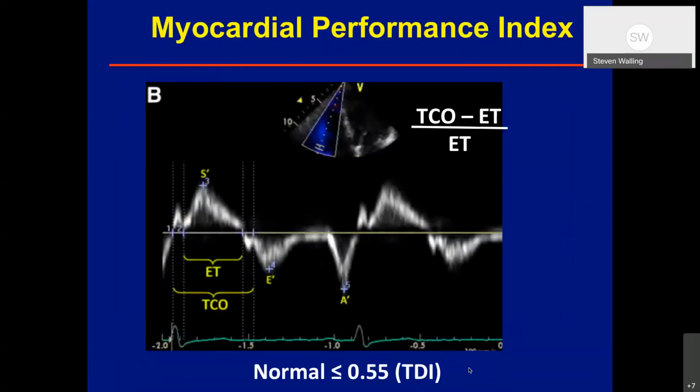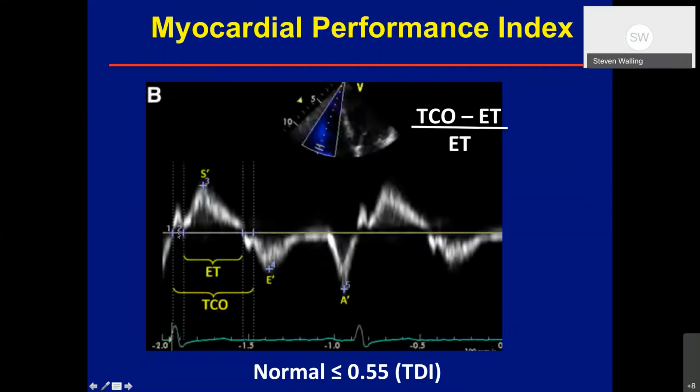The other way to look at this myocardial performance index is you can use the one view of the tissue Doppler. Basically you can see the S time is the ejection time, and then you can see this is the isovolumic contraction and isovolumic relaxation.